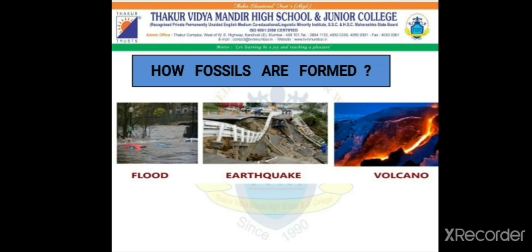The first is a flood, second is an earthquake, and the third is volcanoes. During these natural calamities, certain disasters occur, and during this disaster certain plants and animals die and their bodies get buried. This is how fossils are formed.